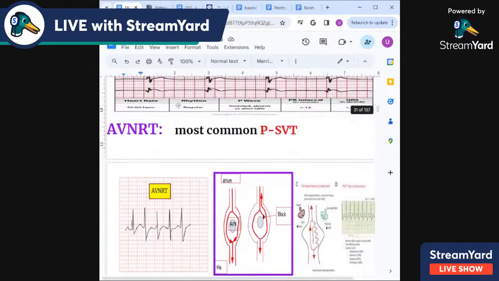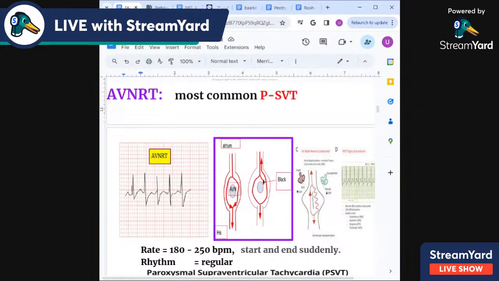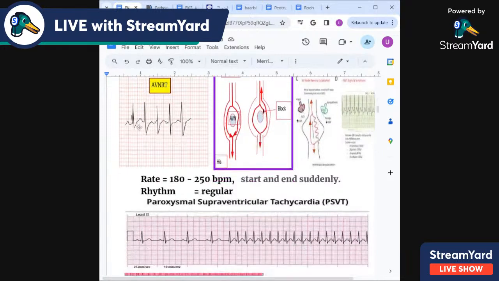Then we have AVNRT. Let's see. AVNRT, atrioventricular nodal reentrant tachycardia. There is a re-entry causing tachycardia. Where does the re-entry occur? At the AV node. If you see this picture, this is the impulse coming from the atria into the ventricle, and it goes around the AV node, divides into two, and then unites here to move into the ventricle through the bundle of His.